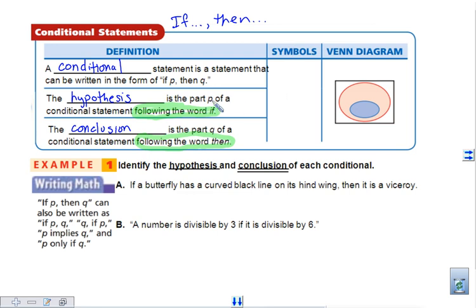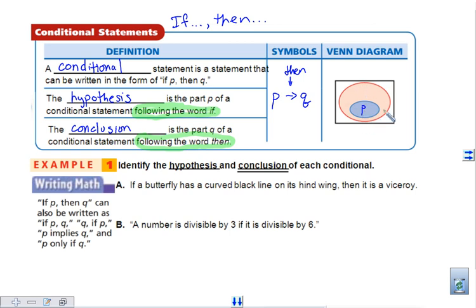So our symbols. P is for hypothesis. Q is for conclusion. The arrow in between means then. When we have a Venn diagram, the smallest circle is your hypothesis.